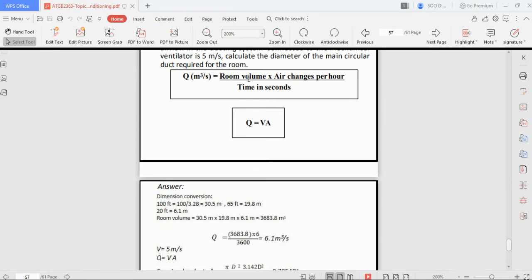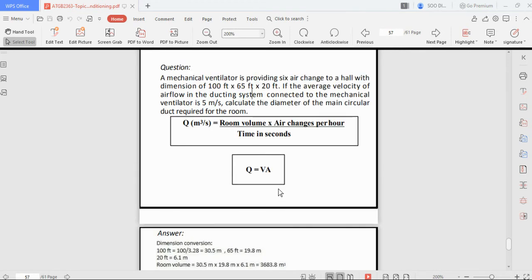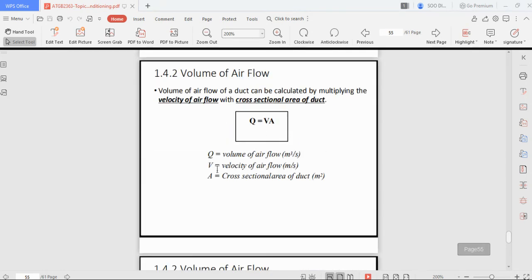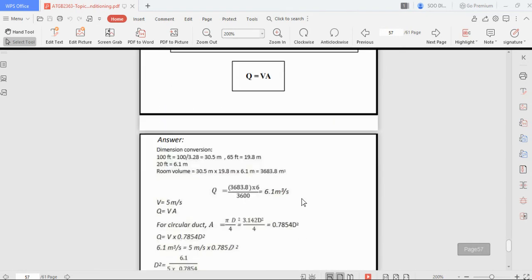By converting these feet into meters and multiplying all these values, you'll be able to get your room volume in cubic meters. So you multiply the length, height, and width, then you'll get your room volume. With Q, you know that Q is equal to velocity multiplied by the cross-section area of the duct.